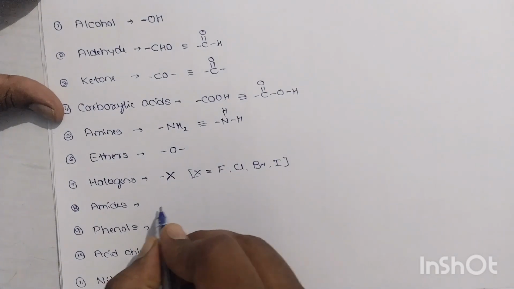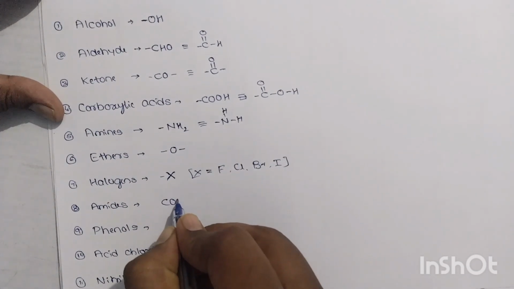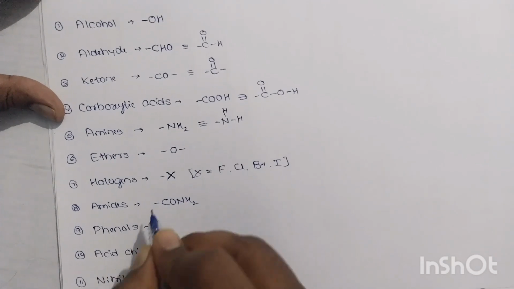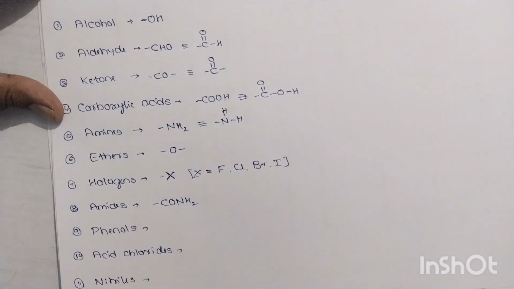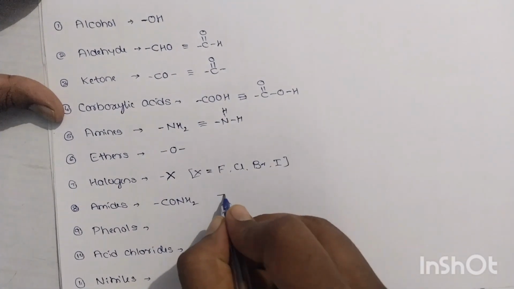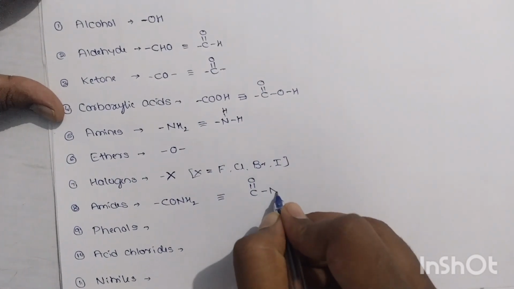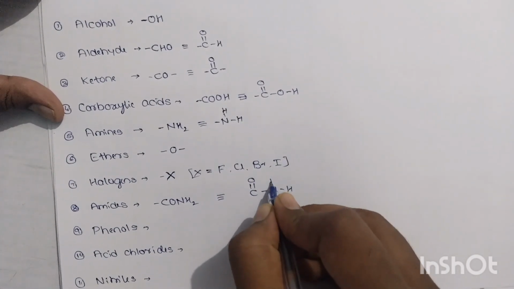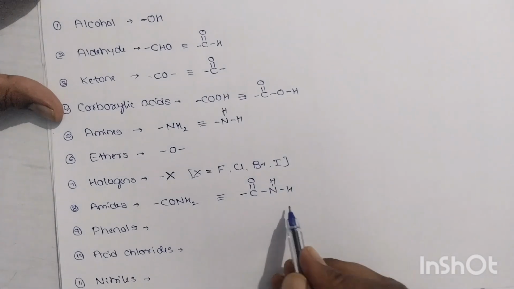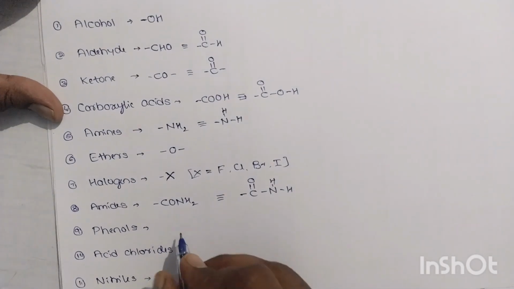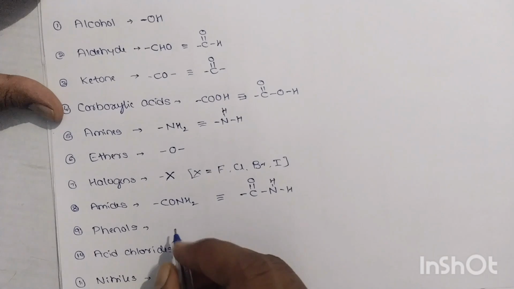Then next, amides. CONH2 is the functional group of amide. This is the structural representation of amide, CONH2. And phenol.